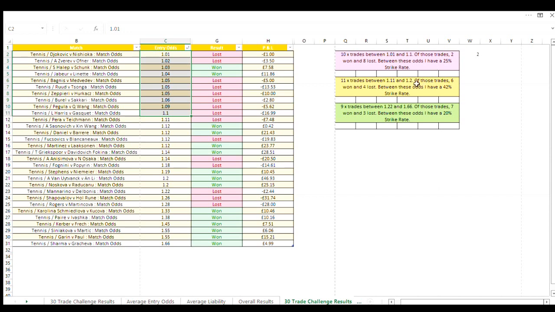When I trade between 1.11 and 1.2, I have a 42% strike rate. Let's go back to it, 1.1 to 1.2, I've had 11 trades, as you can see there. And of the 11 trades, I've lost 4.